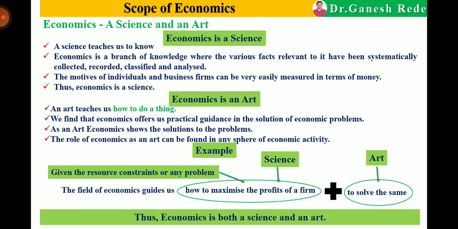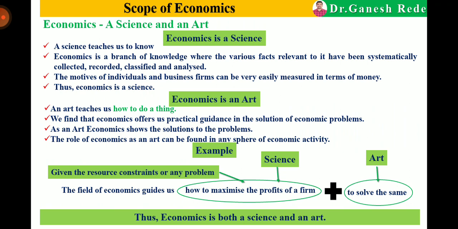Now if we think of economics as an art, then as an art, economics teaches us how to do a thing, whereas as a science, economics teaches us to know about something. So we find that economics offers us practical guidance in the solution of economic problems.